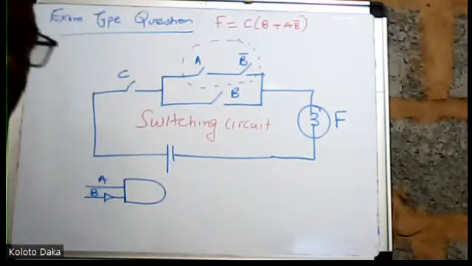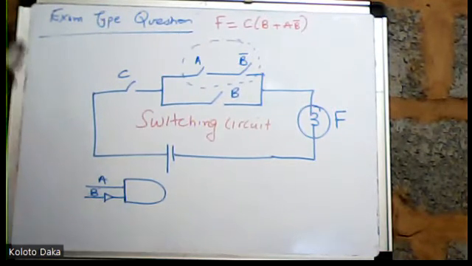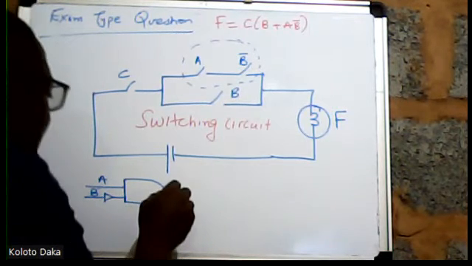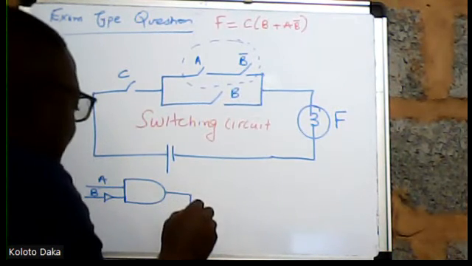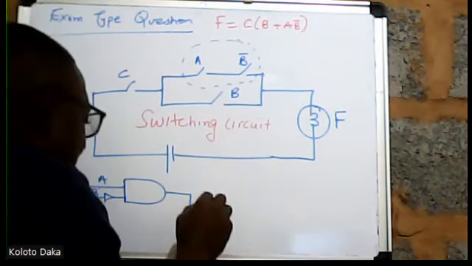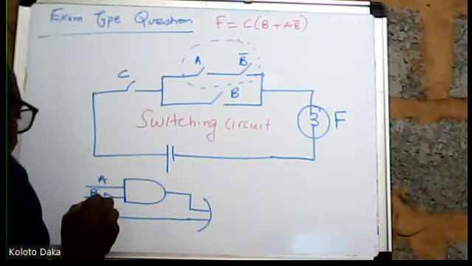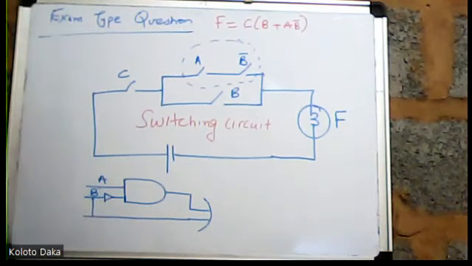That is B. When you invert B, you get B bar. This one goes in parallel with what? B.